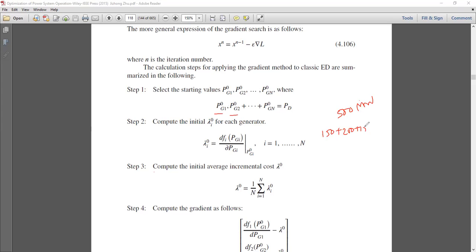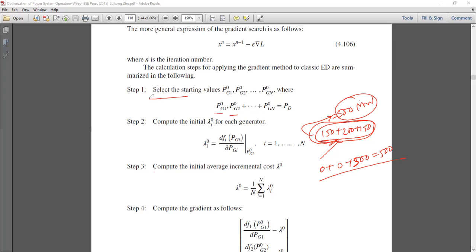So another 150, something like this, or any other combination of PG1, PG2, and PG3 to start with, in such a manner that equals your demand. Remember, you don't have any limits on this, so you can also choose 0 plus 0 plus 500. Doesn't matter, as long as you are following this step.